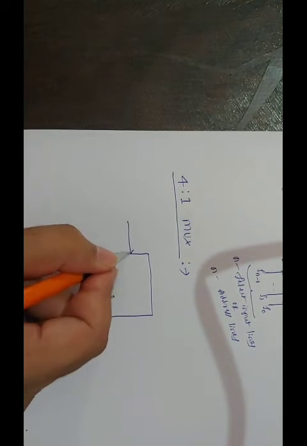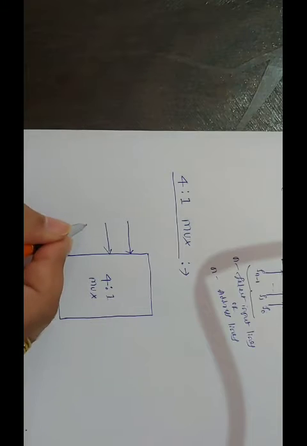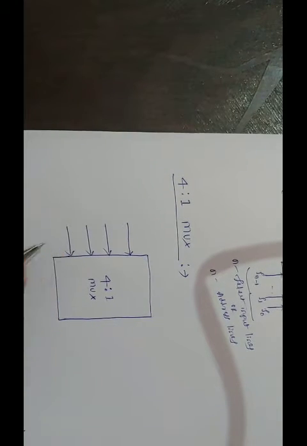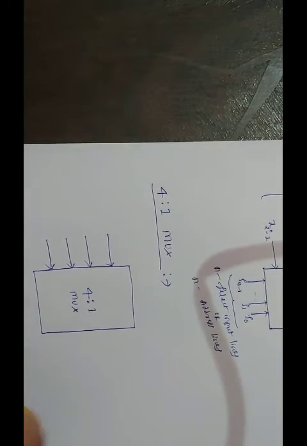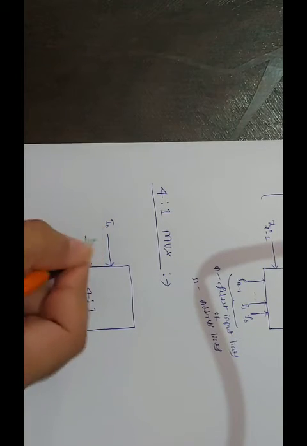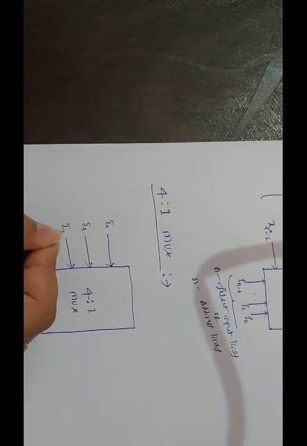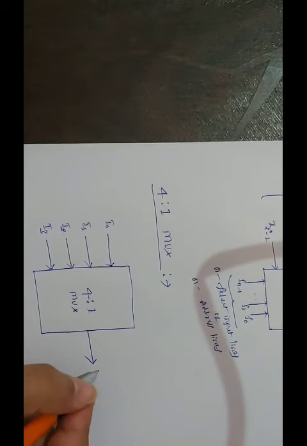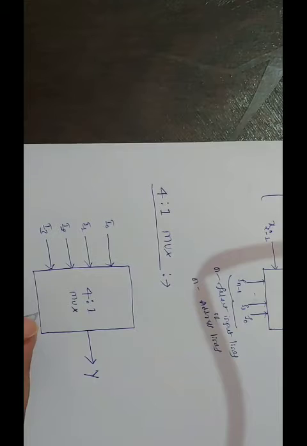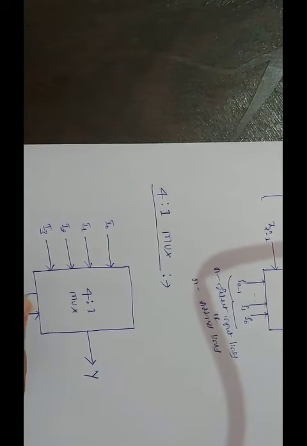Now it has 4 input lines, 1, 2, 3, 4. You can name these D0, D1, D2, D3, or you can name them I0, I1, I2, I3 also. There is only one output line, so I am going to name it Y. There are n select lines. The n value is 2, hence we have only S0 and S1 as the select lines.